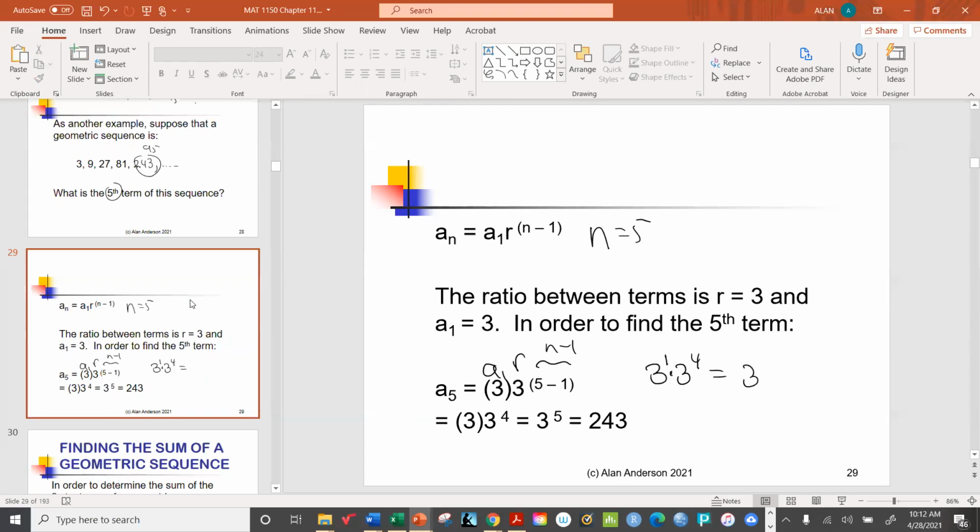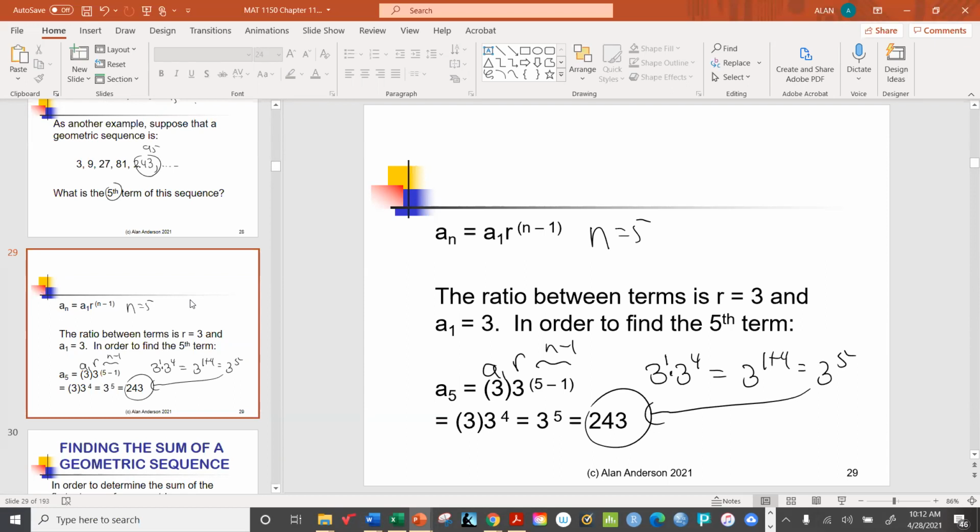And so that means we will be adding these exponents to come up with 3 to the 5th, which in turn is equal to 243. So you can see the formula works very well. It's not that difficult. The sum formula, though, is a little bit more challenging.